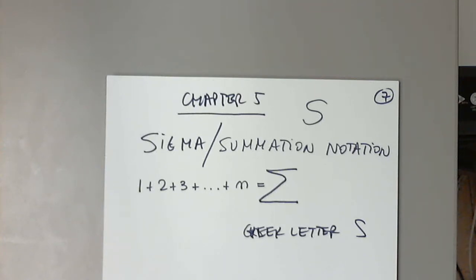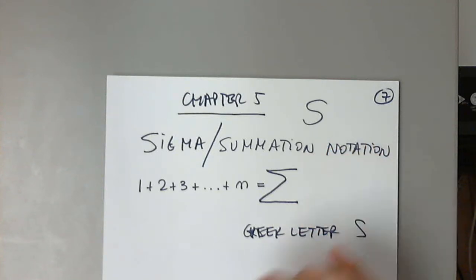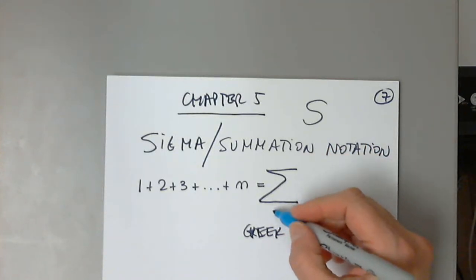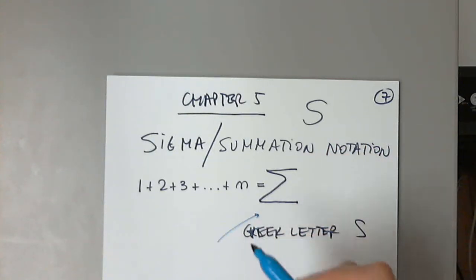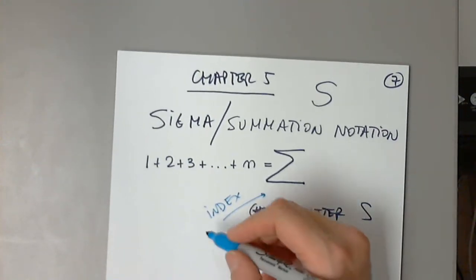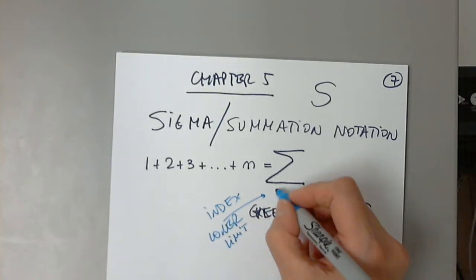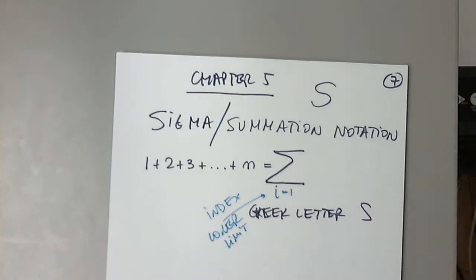Only because it has a very convenient form. The bottom of it right here will contain the index. It will contain the index and also the lower limit. It's very convenient when i equals 1. i is the index, 1 is the lower limit of the index.